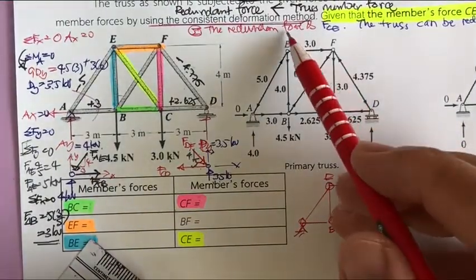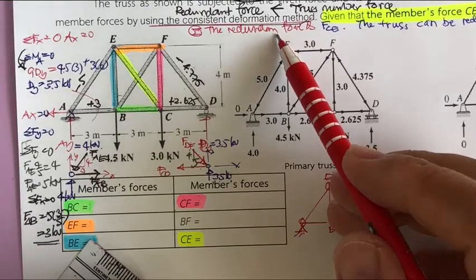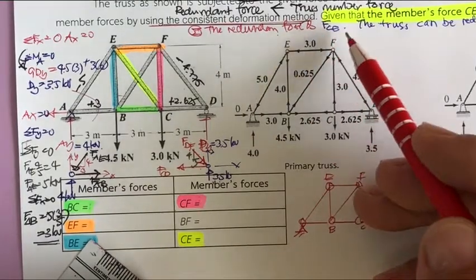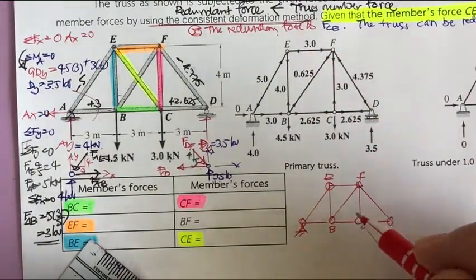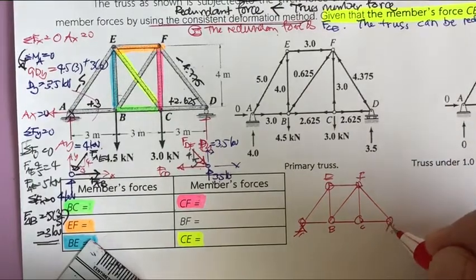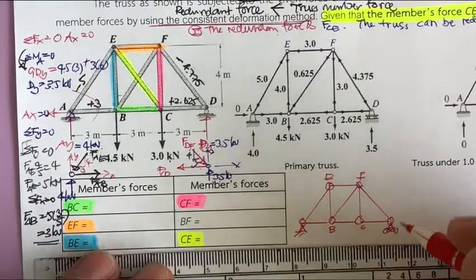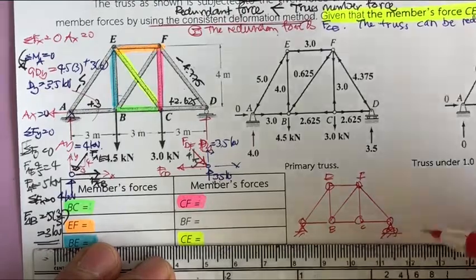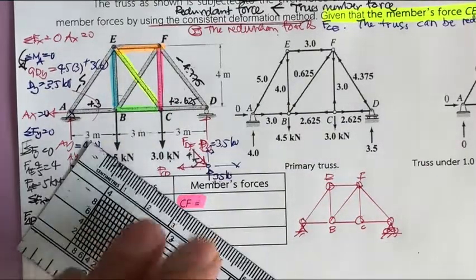After you're going to use the redundant force as F sub CE, so the member CE, you just take it out. Your structure will change from the statically indeterminate to statically determinate.